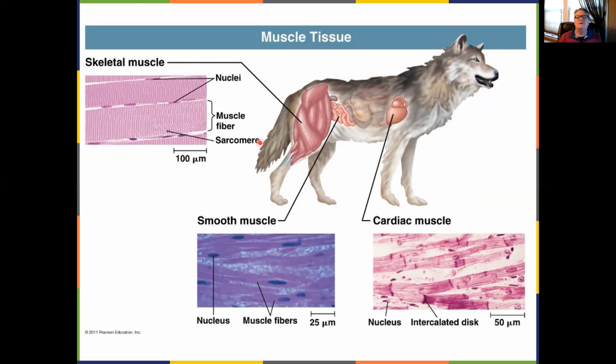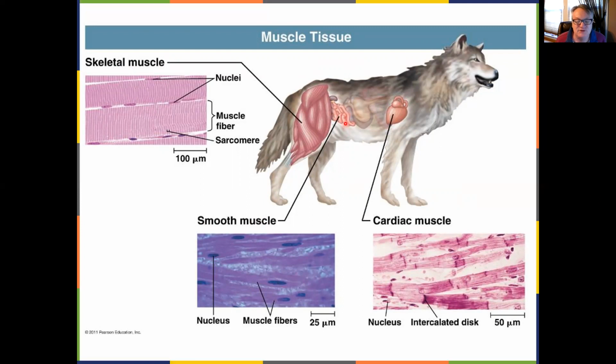It's different from skeletal muscle, but it's very similar to it. But it performs only one function, and that's to pump blood in the body. So we'll talk about that when we talk about the circulatory system. Finally, we have smooth muscle, which, instead of providing locomotion and instead of being part of the heart, is found everywhere around internal organs.